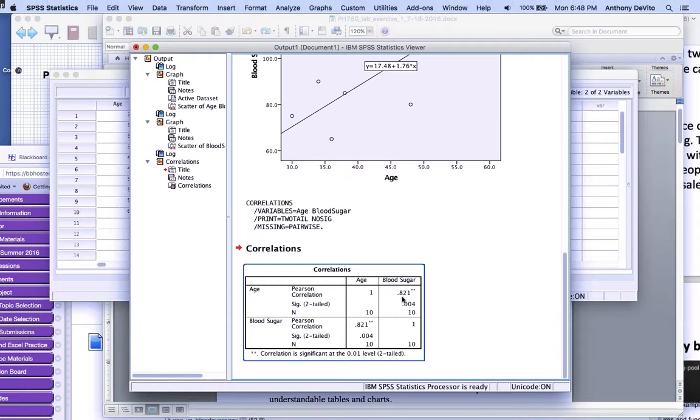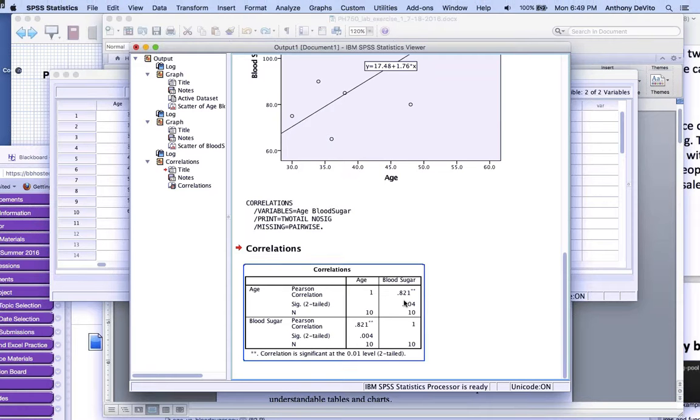So in order for us to say that there's a statistically significant association, we're going to look for this to be less than 0.05. Very frequently that will be the case. If you have a lot of data, as you do in some of the numerical variables you'll be working with, you might actually find some significant associations.